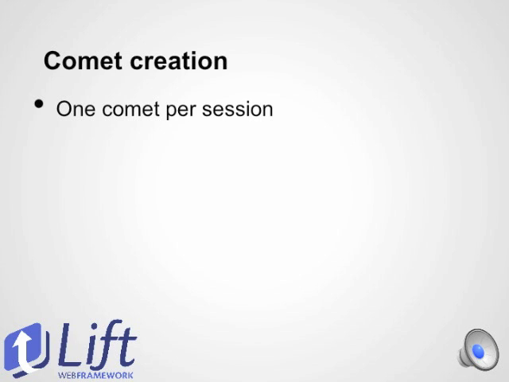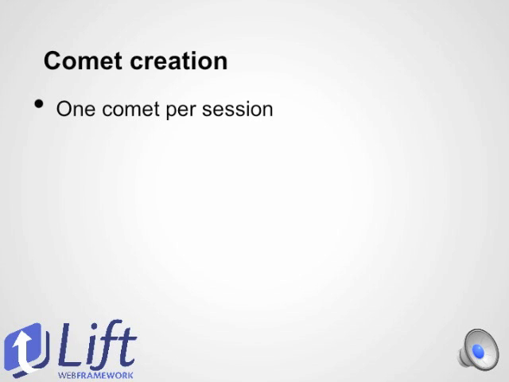I said before how you get one Comet per session. This is useful, and it saves resources and all that, so that's great. The normal workflow is that a user loads a page, a URL on your server, and then, like I said before, Lift will check if there's already a Comet actor to satisfy the request.